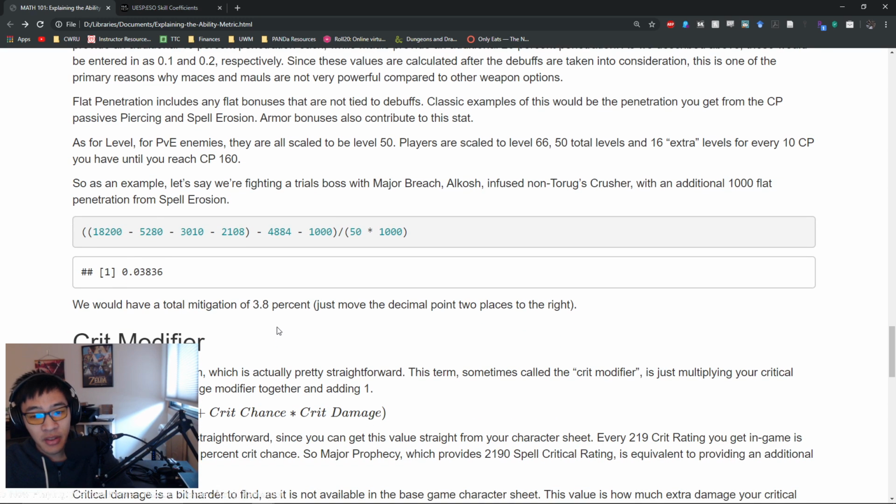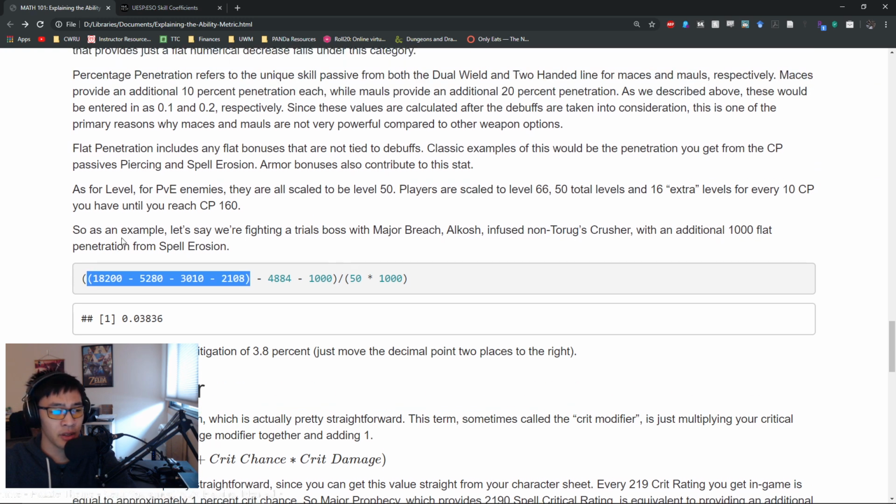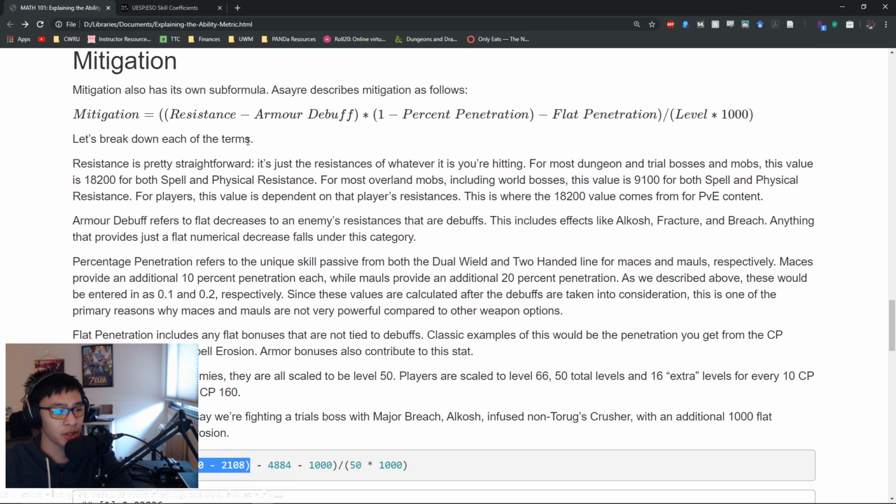As an example, let's say the amount of mitigation you would have against a trials boss. You have Major Breach, Alkosh, an infused Torx Crusher, and then an additional 1,000 flat penetration from Spell Erosion. We don't have any percentage penetration. So we have 18,200. You subtract out the Major Breach, the Alkosh, and the infused Torx Crusher. This value here would be the resistance minus armor debuffs.